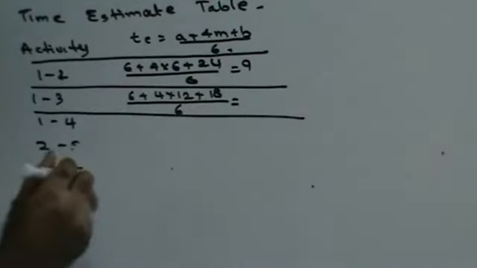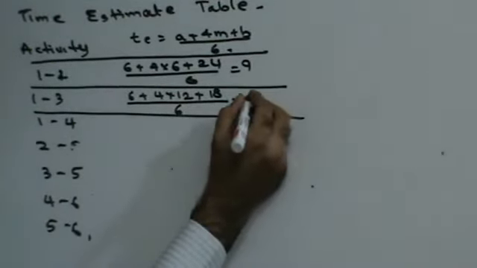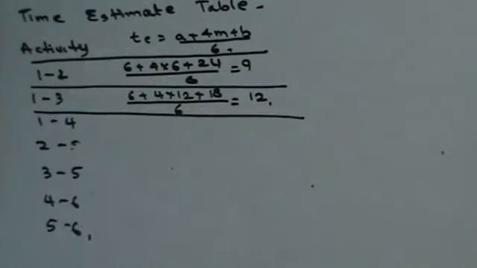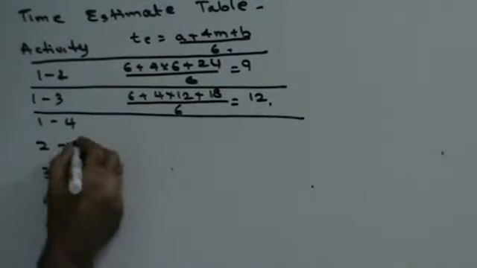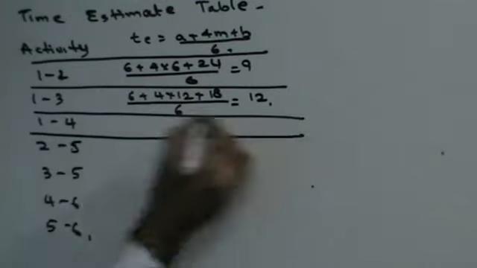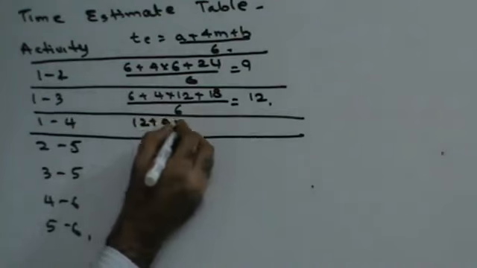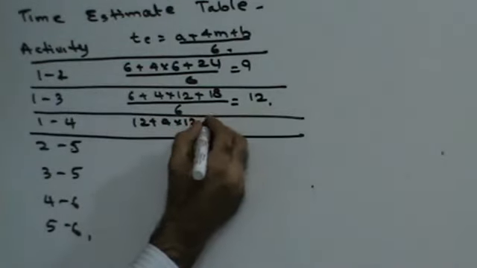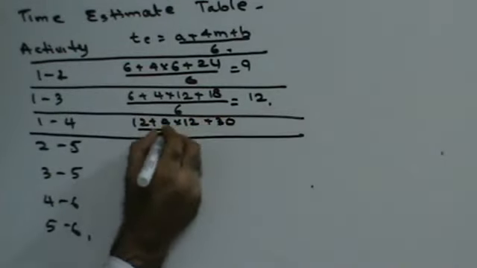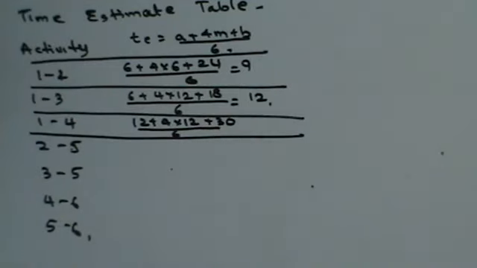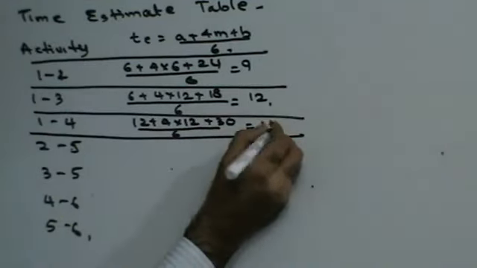When you solve this, you will get 12, right? 1 to 3, then 1 to 4. For 1 to 4, it is going to be 12 plus 4 into 12 plus 30 upon 6. When you solve this, you will get 15.